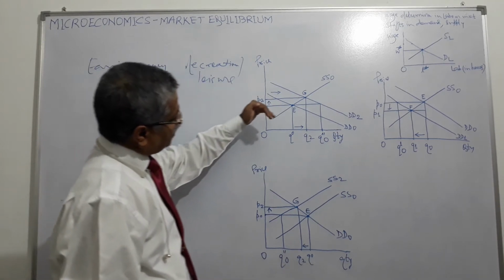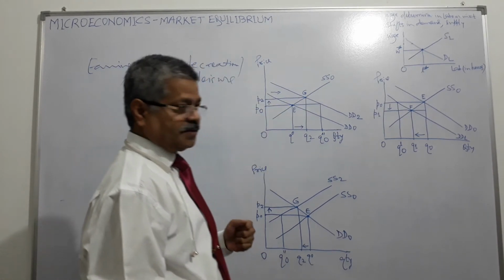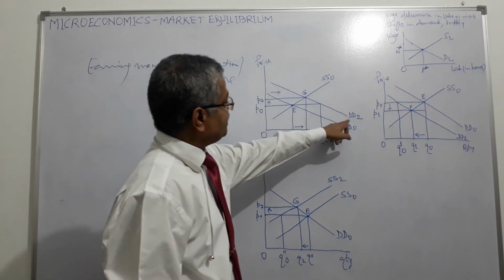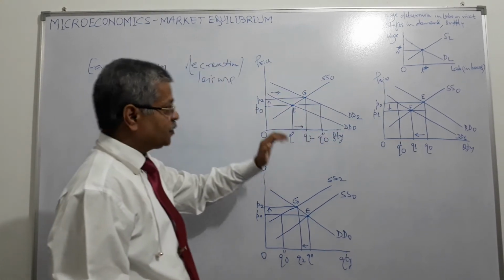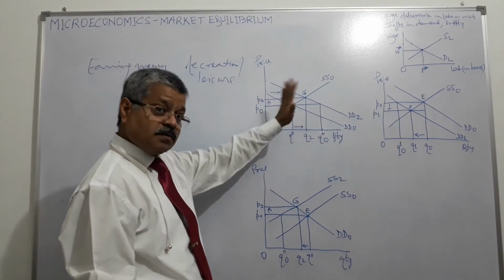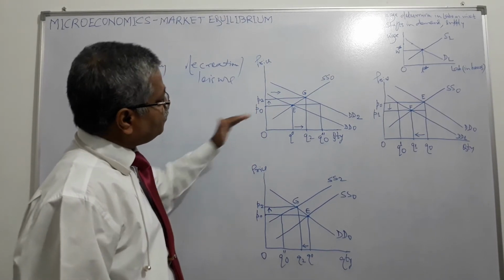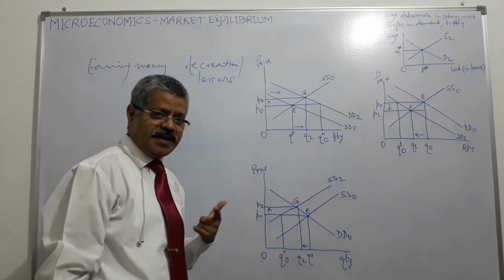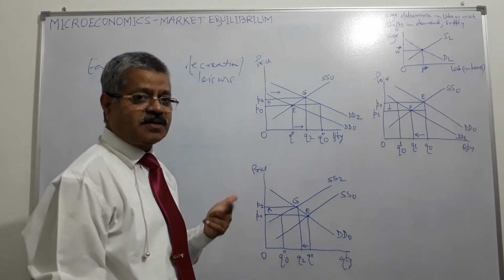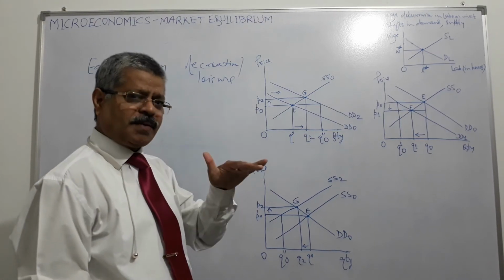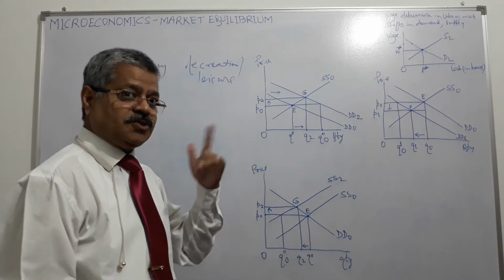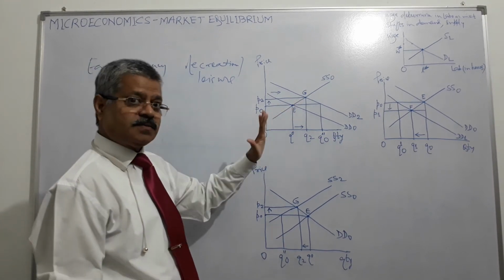Suppose the demand curve shifts to the right and becomes DD2, right? With the supply curve remaining as it is, SS0. The supply curve becomes affected when there is some change in technology or price of input changes. Otherwise, it remains constant.